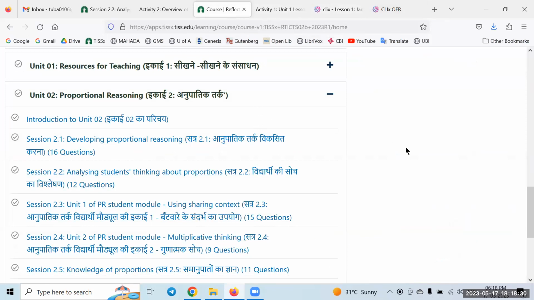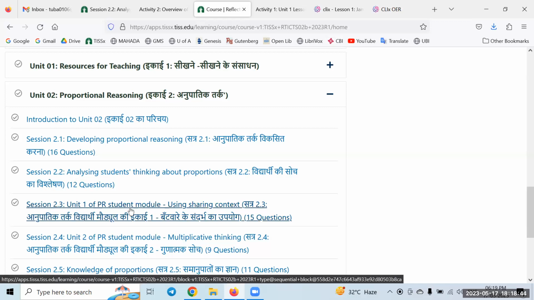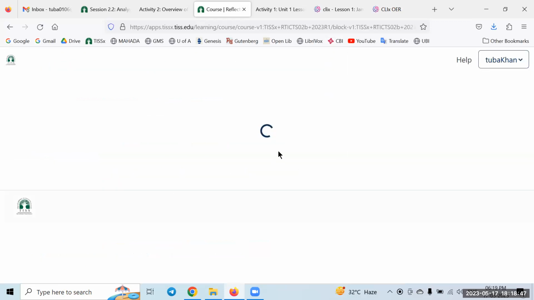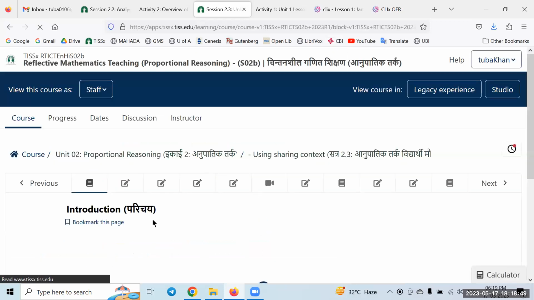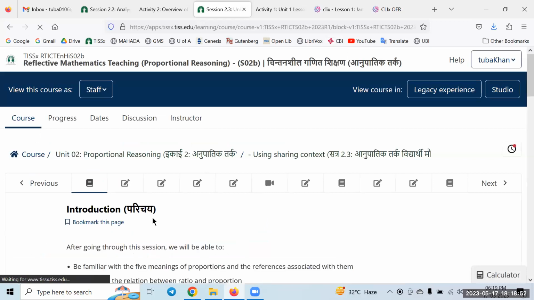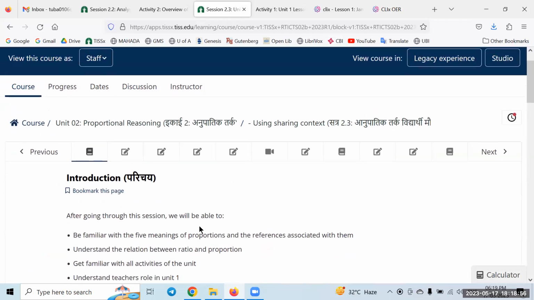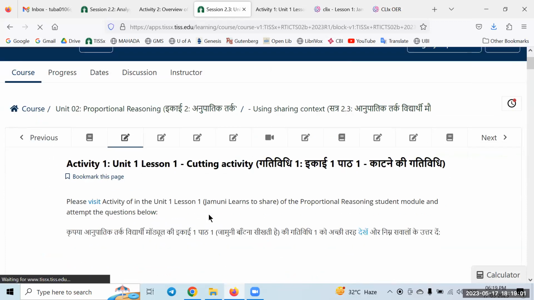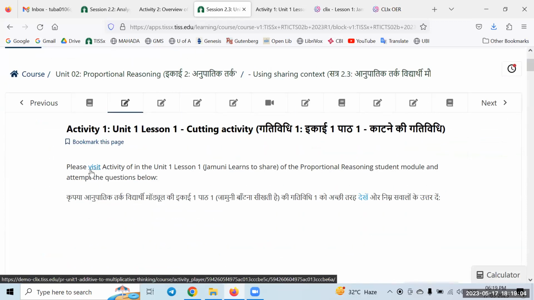So in unit 2 you will find all this student module. So 2.1, 2.2 is about understanding students' thinking about proportions, but from unit 3, I mean 2.3, when you click on that, it will open a whole set of activity sessions, like here you can see these tabs. So in the introduction you can find about the particular 2.3, and then there is this blue hyperlink.